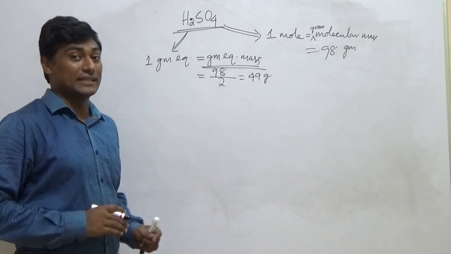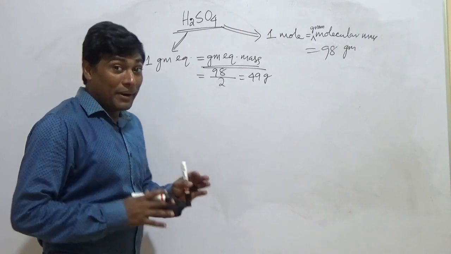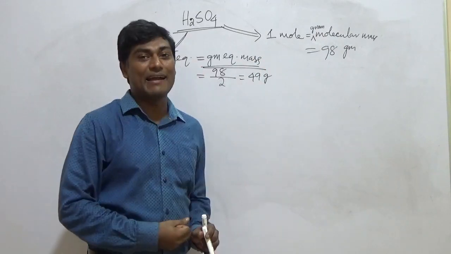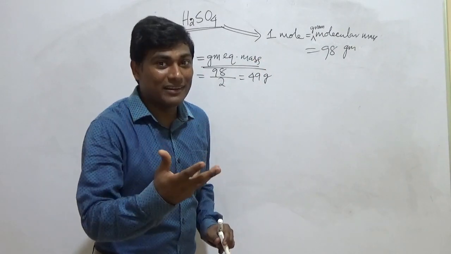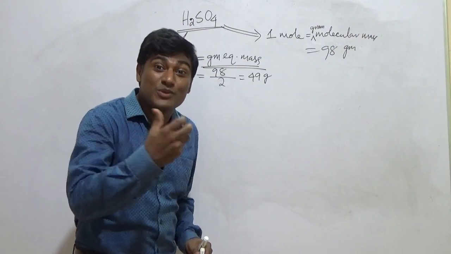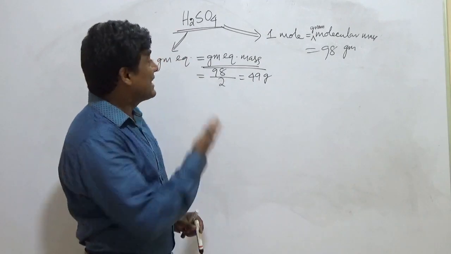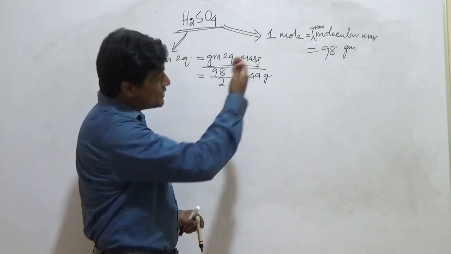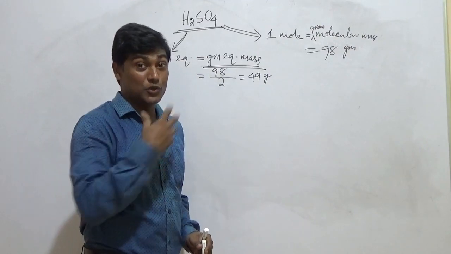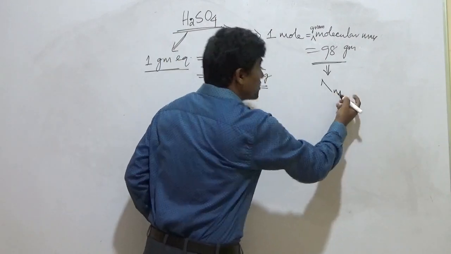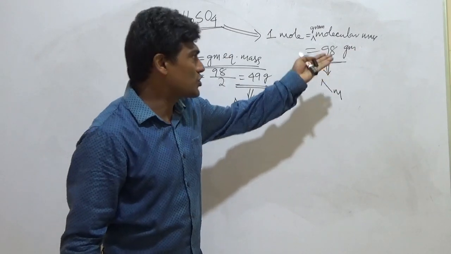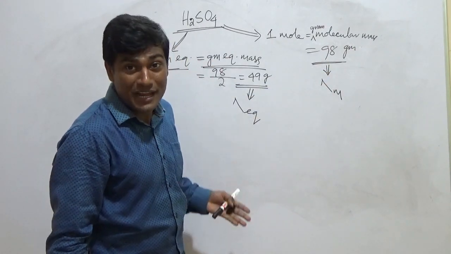But the number of ions present in that 98 gram is almost double the number when it is 49 gram. So it is larger in the case of sulfuric acid. That means the molar conductance is just 2 times the equivalent conductance. Are you getting it? Definitely the number of ions present in 98 gram is almost 2 times that in 49 gram.